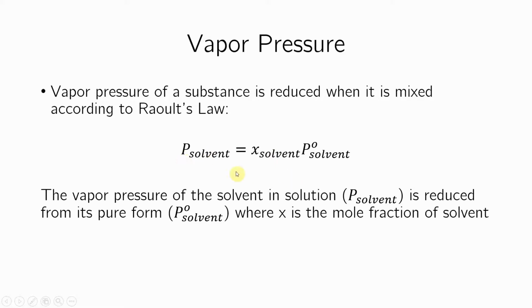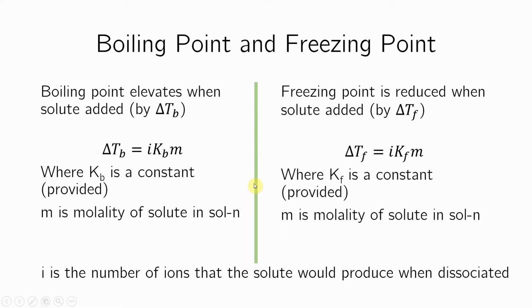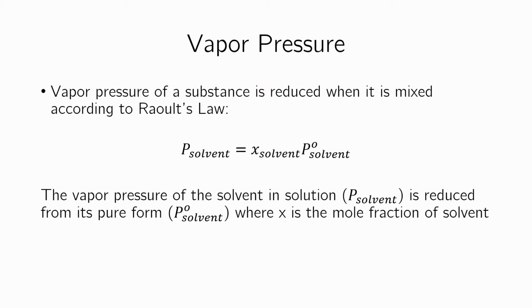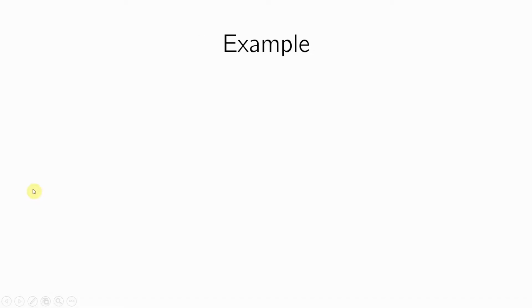Okay, it's very similar. But in there, we just talked about the delta T, not the actual temperature that you would actually see, which is fine. This equation is known as Raoult's Law, and it is used quite extensively when discussing solution thermodynamics. Okay, so let's look at an example.